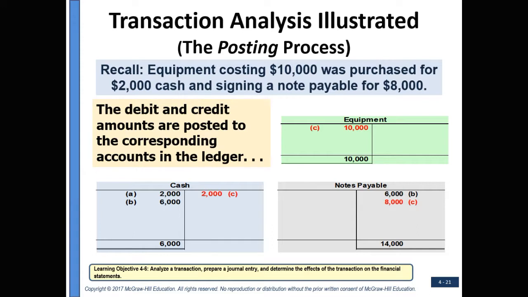We've now posted to each of the individual accounts. The ledger balances are updated after each entry. So we have here $8,000 of debit and $2,000 of credit. The difference in those means that we would have $6,000 debit balance.